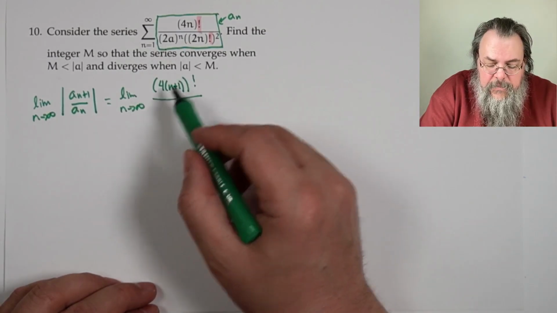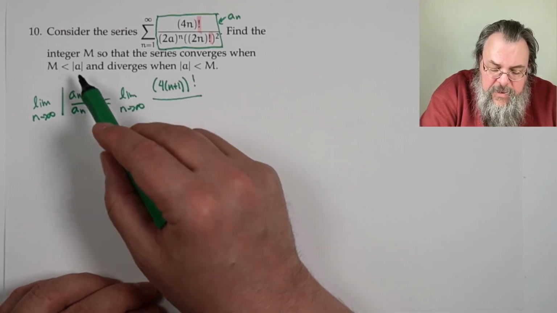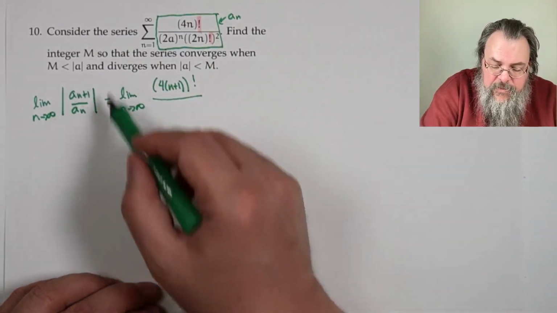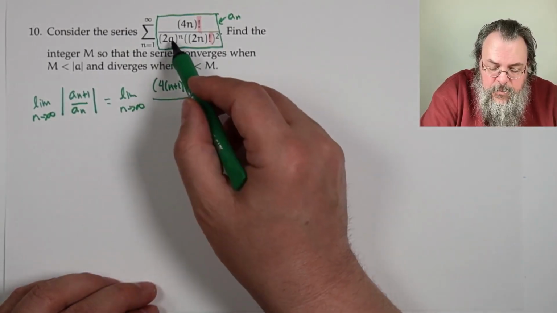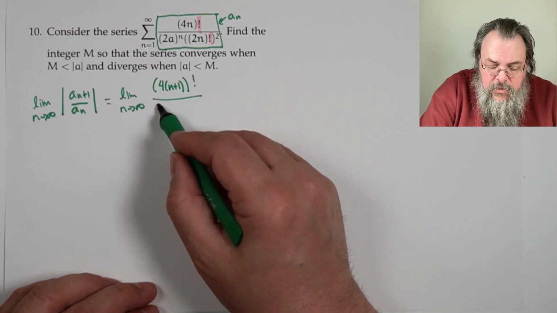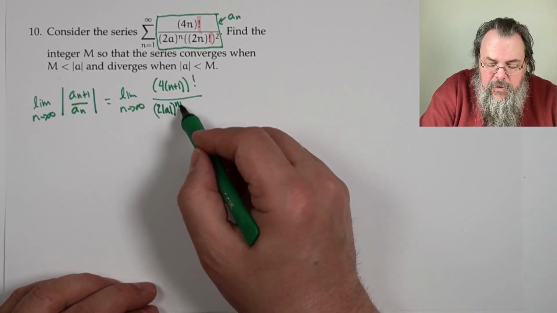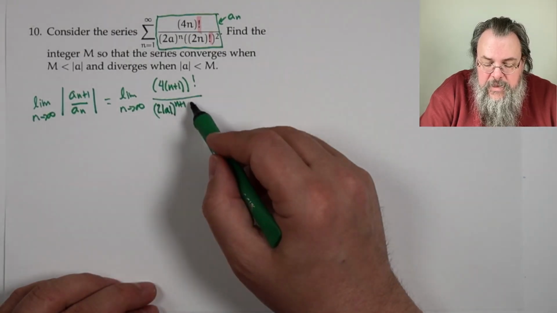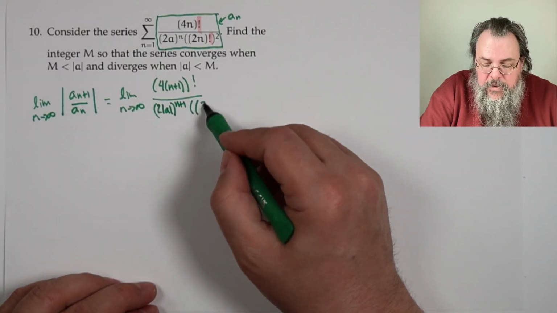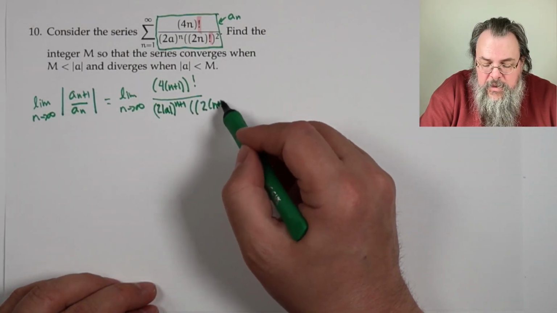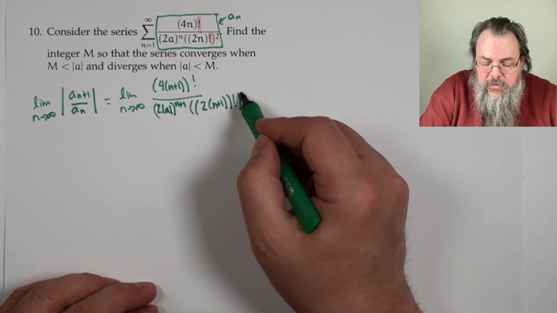And then here we have 2a. Now, a could be negative. And remember, there is this absolute value here, so the absolute value will come into play. So it's going to be 2 absolute value of a to the power n plus 1, and then times 2 times n plus 1 factorial squared.